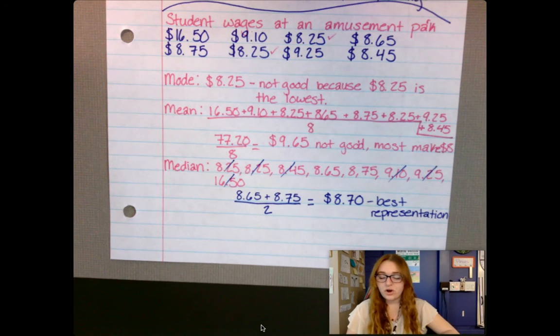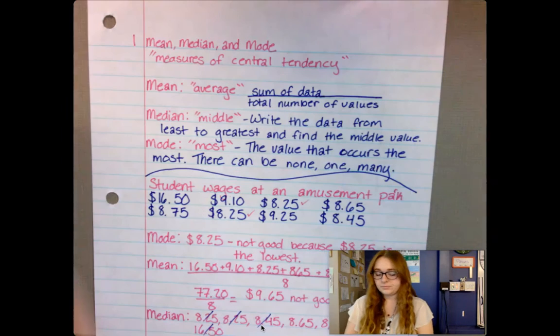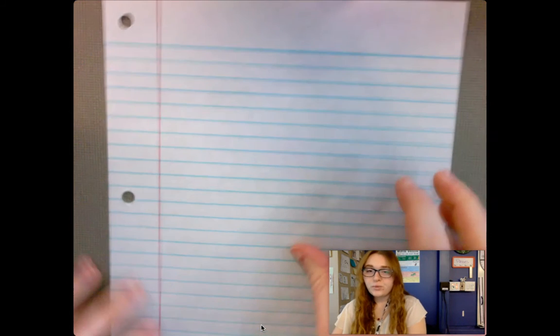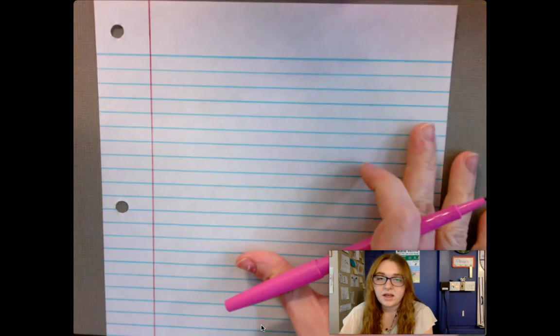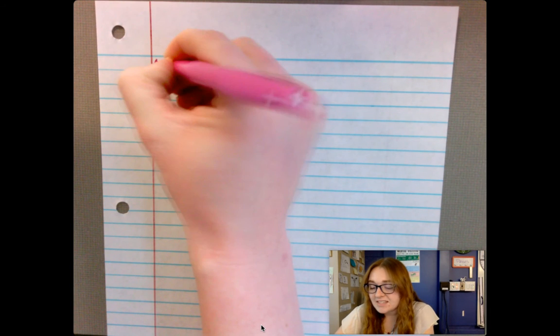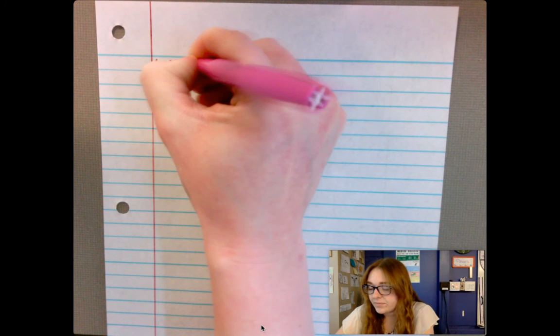Okay, we're going to switch over to page 2 now. So on page 2, we have another definition here. We're still talking about mean, median, and mode. Our first definition, and actually our last definition for today, is outlier.